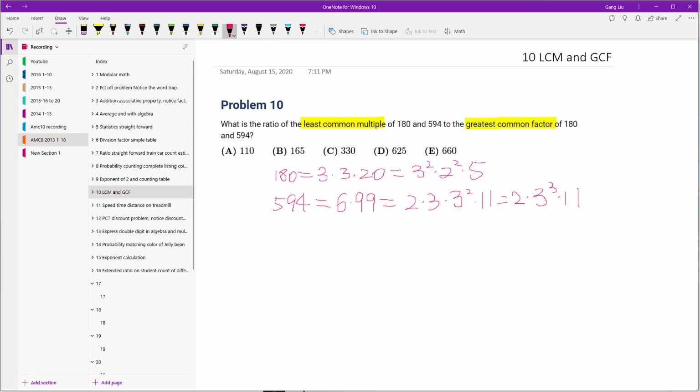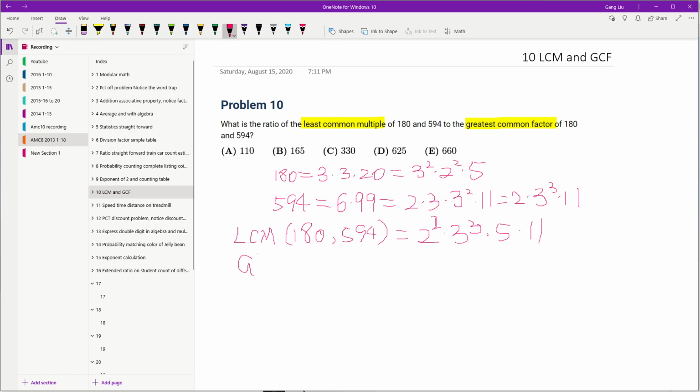So the LCM of 180 and 594 will be equal to, taking the max of each factor's index, 2 squared and 3 cubed, multiplied by 5 multiplied by 11.